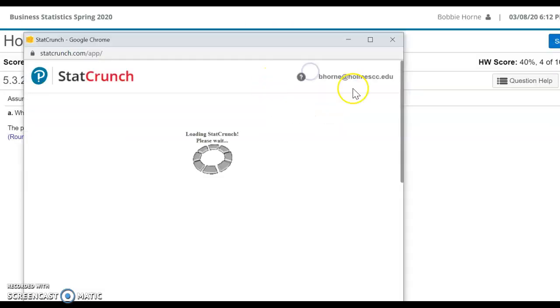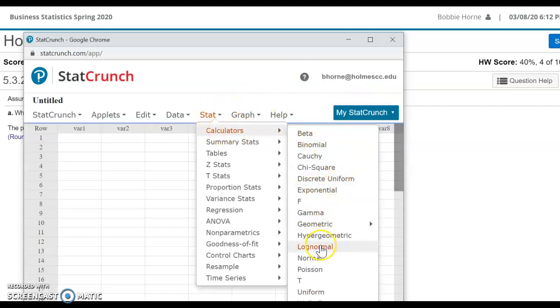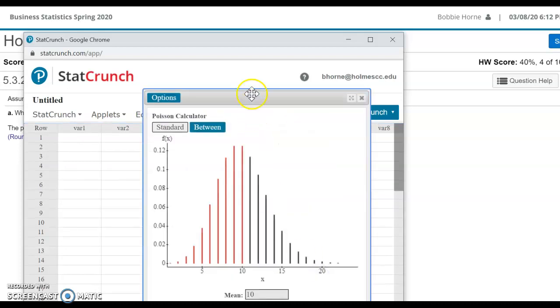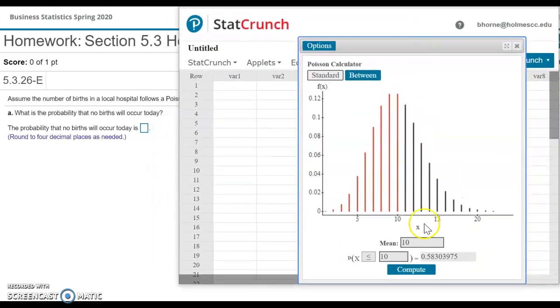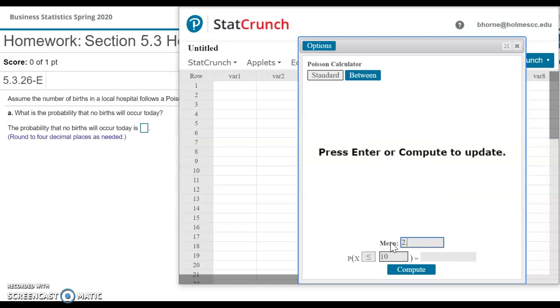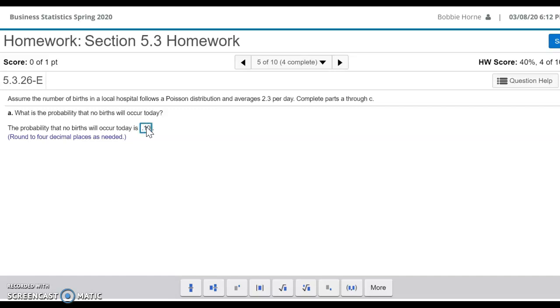I'm going to say Calc, Stat, Calculators, Poisson, and my mean is 2.3, and I want the probability that there will be no births, so put equals, and we want it to be 0, so the probability would be 0.1003 if you rounded to the 4th.